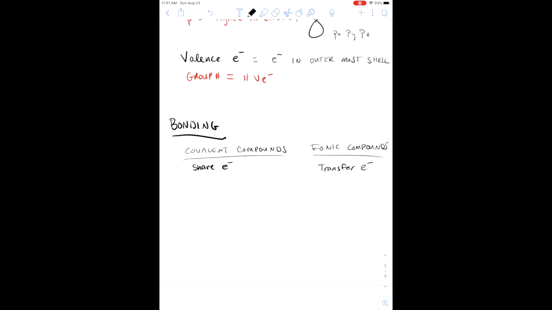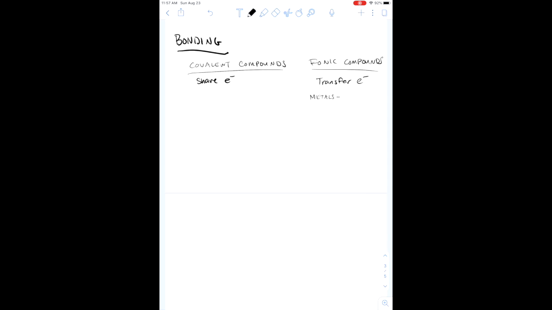So that's covalent compounds when you have a small difference in electronegativity, while ionic compounds is when you have a large difference in electronegativity. Ionic compounds are typically going to be between metals and nonmetals. So remember, on the periodic table, metals are on the left, nonmetals are on the right. And most of the periodic table consists of metals.